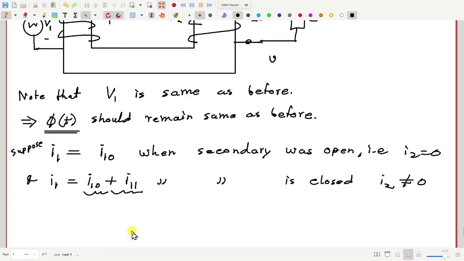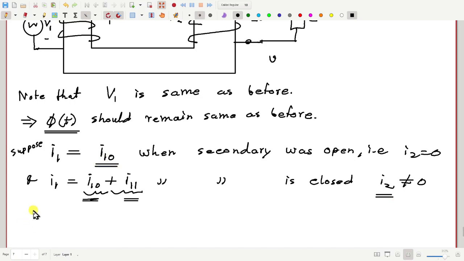Then the flux is now created by three currents, I1 naught, I1' and I2. All these three components of current will create flux. But still the flux should remain the same as before, that means the same as the flux that was created by I1 naught alone. So when is that possible?